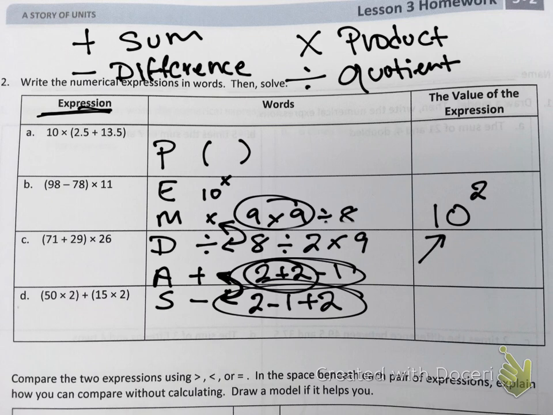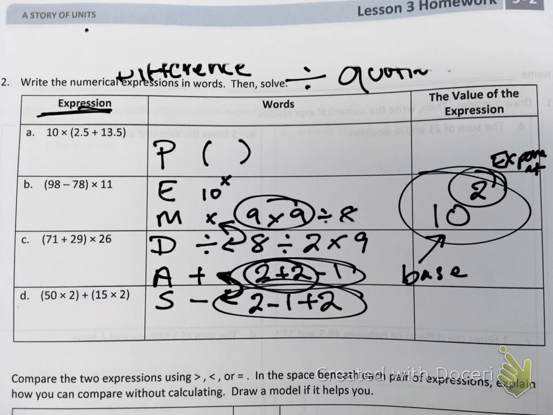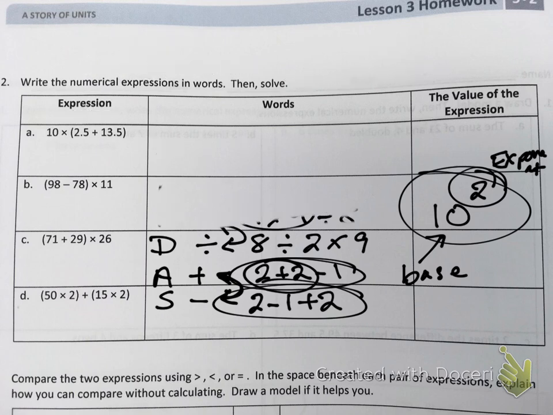Remember, base, and then this is the power, so the exponent. Just a little review right there, just for a couple of our kids that are still struggling with that. We won't see exponents on this test, but it is something that I would like the kids to keep reviewing on. All right, let's erase all of this and head to the next problem.